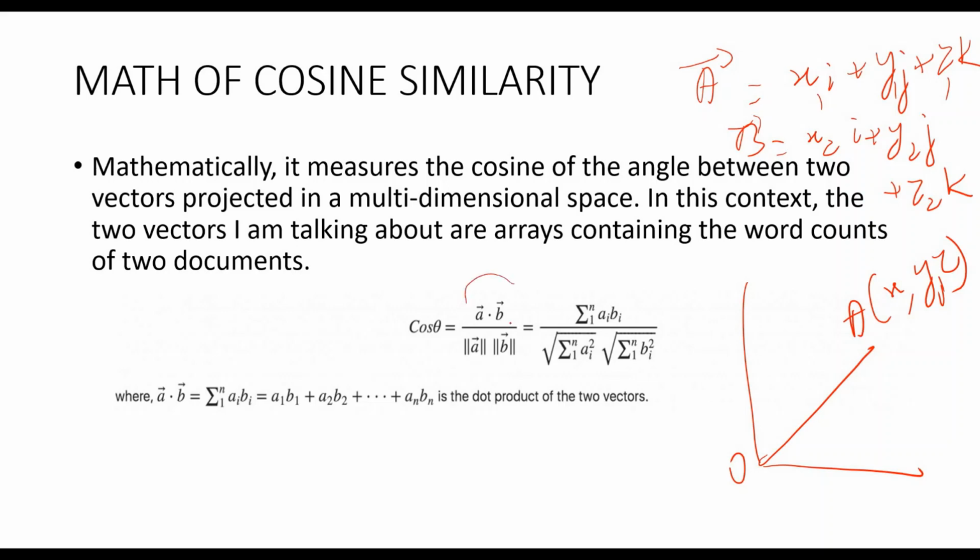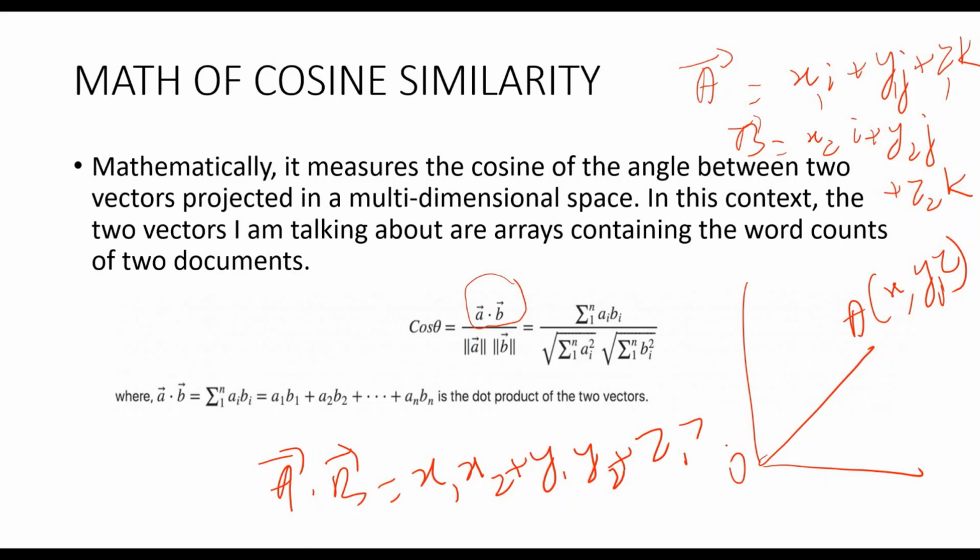So this term you will get as A dot B is equal to x1 x2 plus y1 y2 plus z1 z2. This is the formula for dot product.